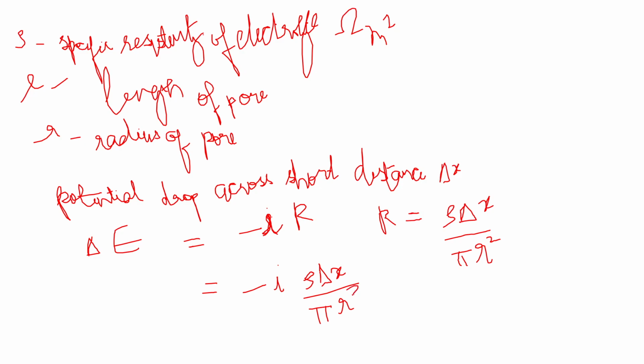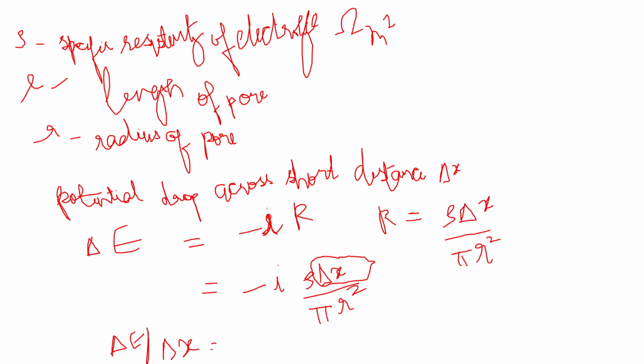You get a formula like this. Okay. So you see del x this side, right? I'm taking that to the other side. That is del E by del x. So small change in the potential because of a small change in the length of pore.